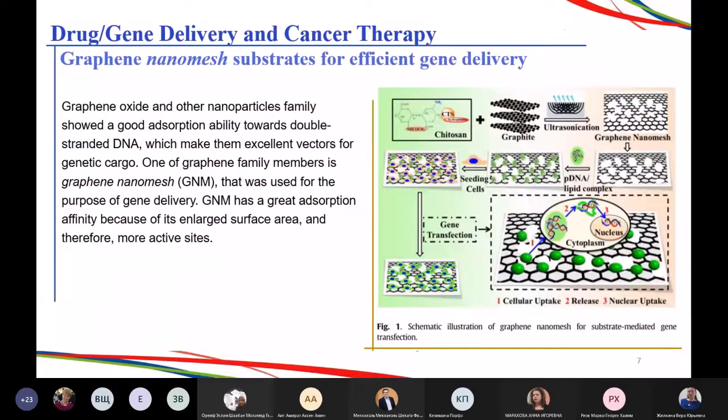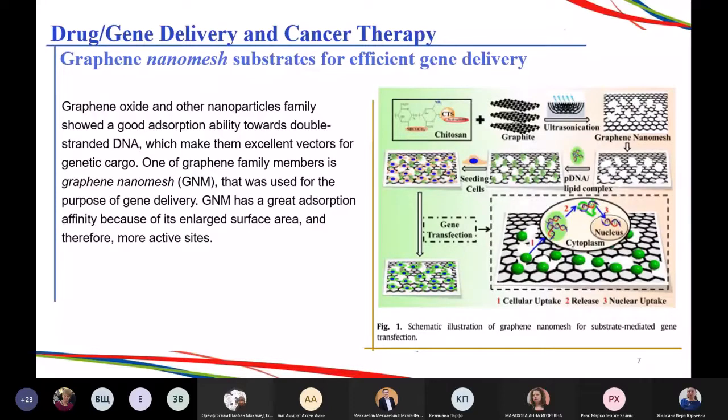Progressive steps in genomics and gene therapy introduce novel solutions to many incurable diseases. However, the difficulty in designing effective and safe delivery systems or vectors for the appropriate genetic cargo keeps these advances inapplicable.